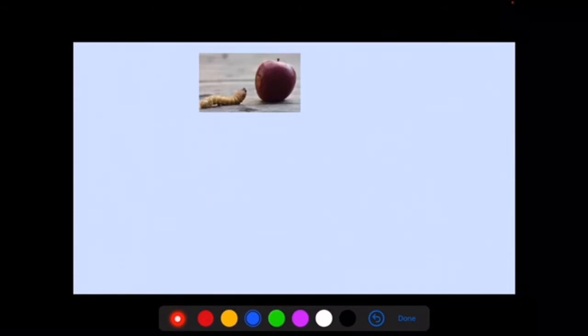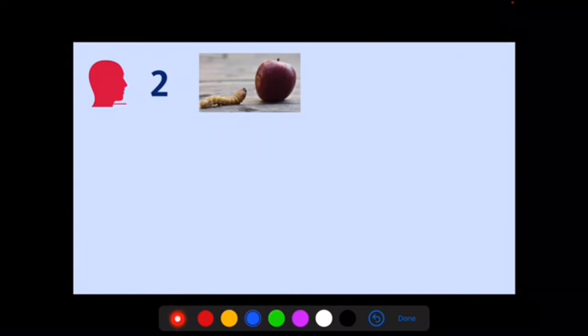Oh, we have not an apple, but a little creature here. It's a maggot. And we're going to write that word, maggot. How many syllables can we hear? Maggot. 2.